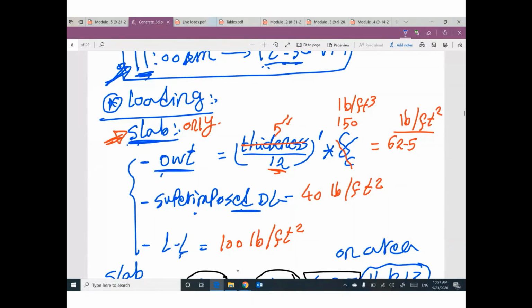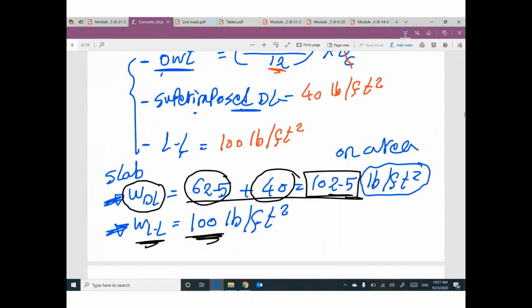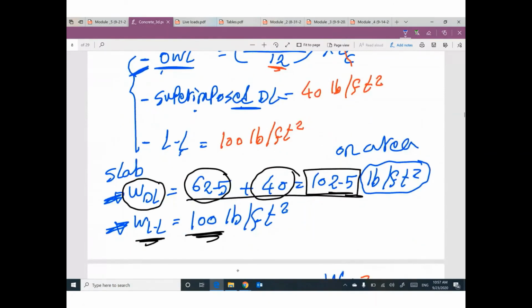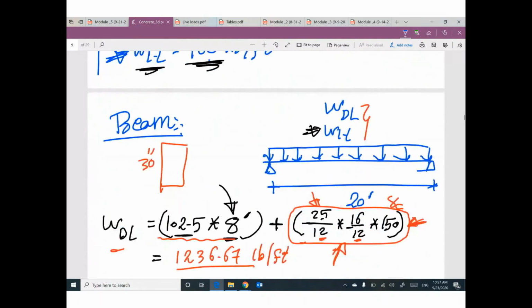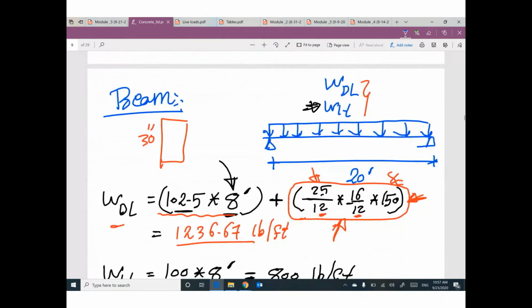Your own weight and the superimposed dead load are both dead load, so I add them together. Your live load is live load alone. So I am done with the first slab. What are the dead load and the live load on the slab? I need to convert these loads to be on the beam, so I'm looking for W dead load and W live load on the beam.